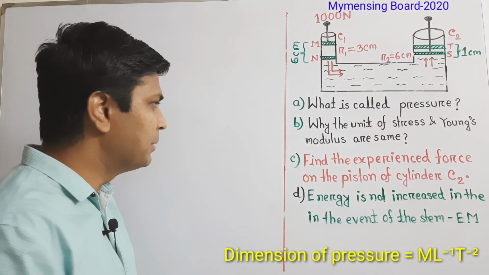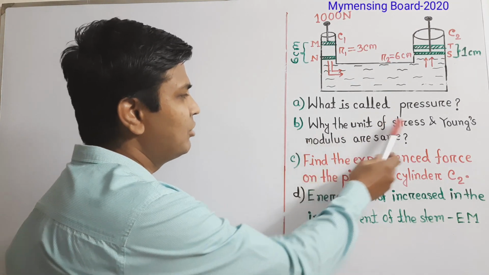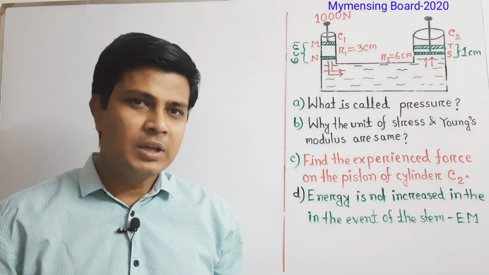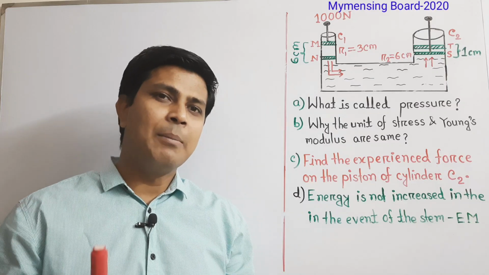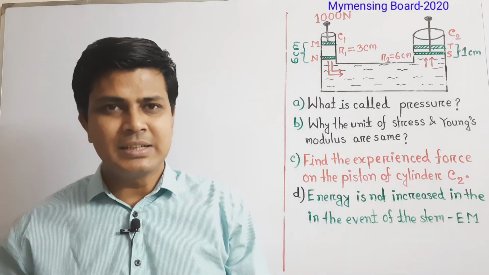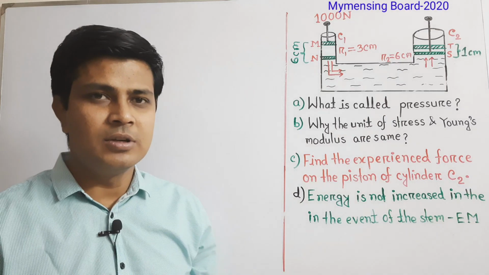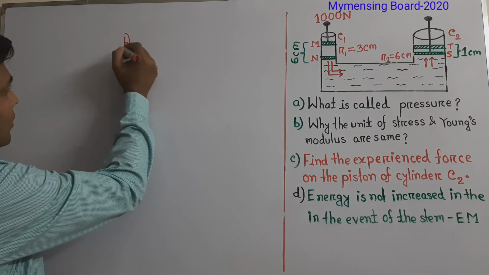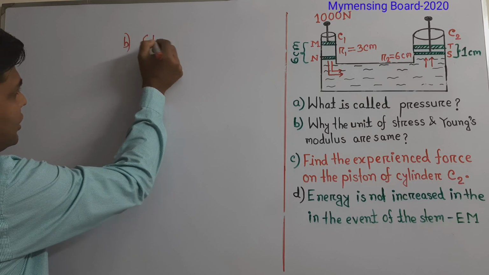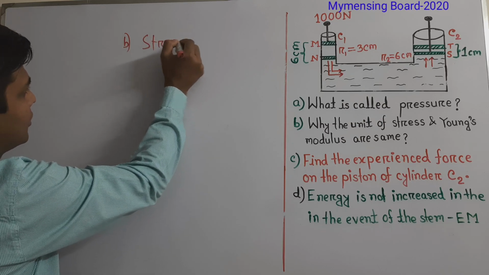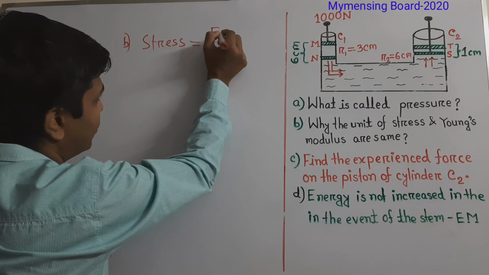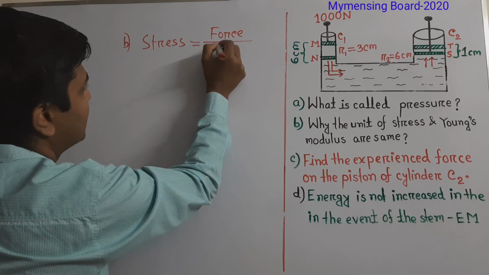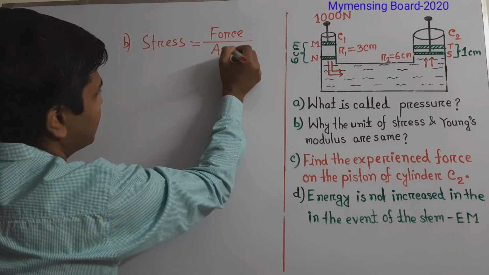Now question number B. The question says, why are the units of stress and Young's modulus the same? You know, the amount of force exerted on a unit area of a body is called stress, and you know stress equals force divided by area.